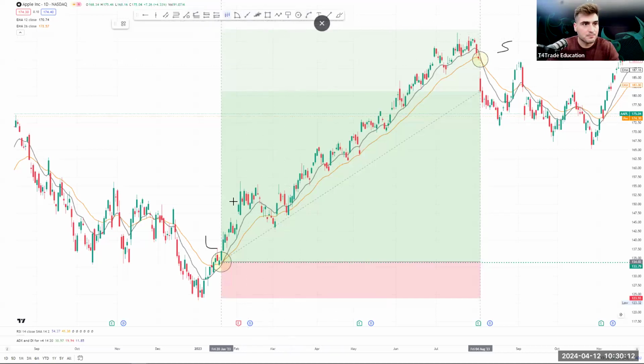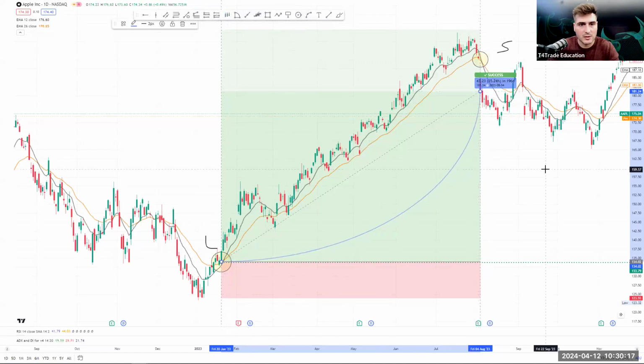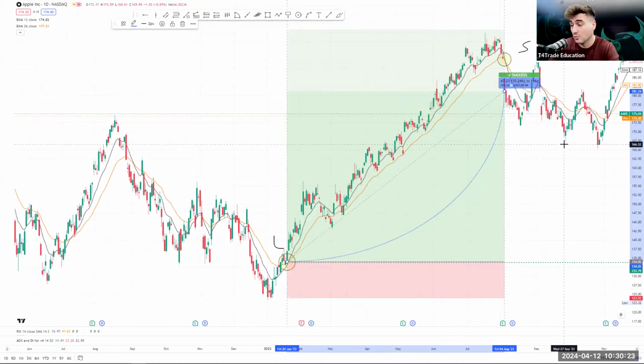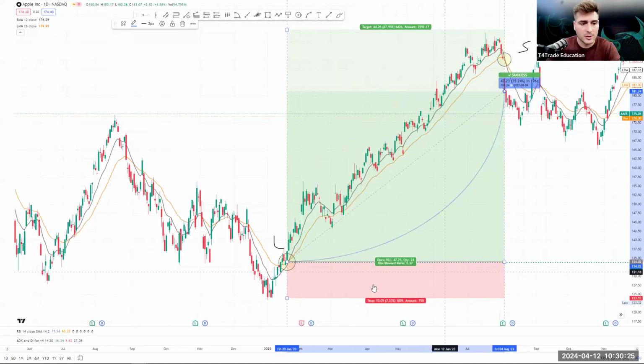Let's see. Let's just assume it was right there. We're talking about what you see here, 35%. Superb. Compared to that, while only risking 7% in order to get 35, the risk reward ratio in this kind of case is 6.37.